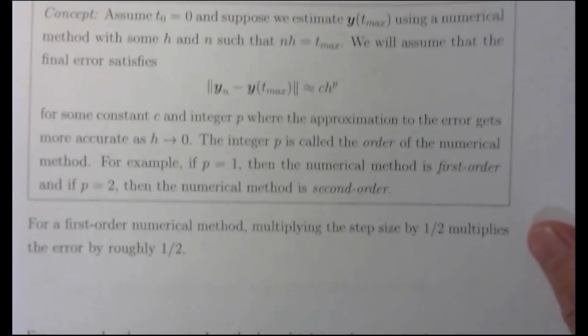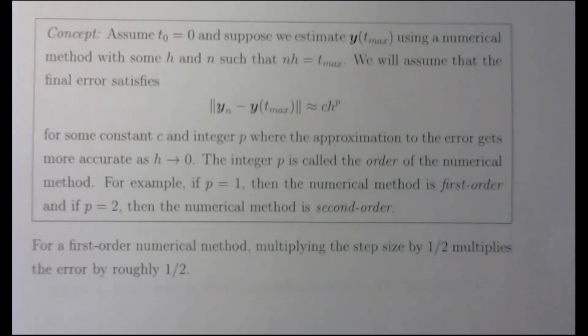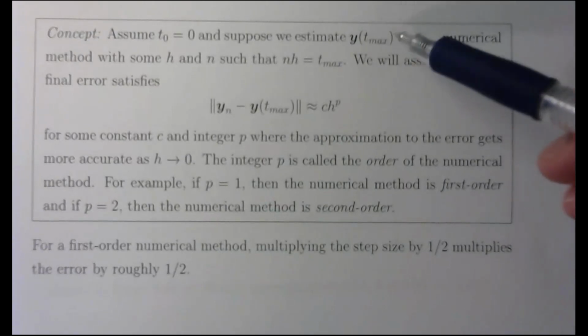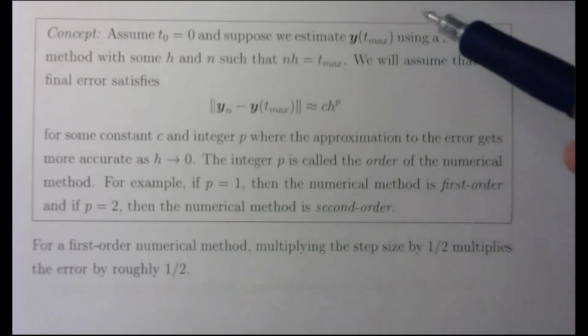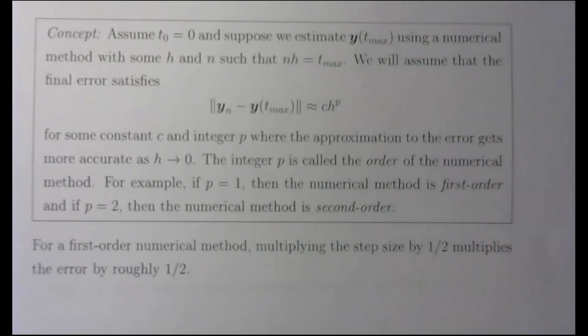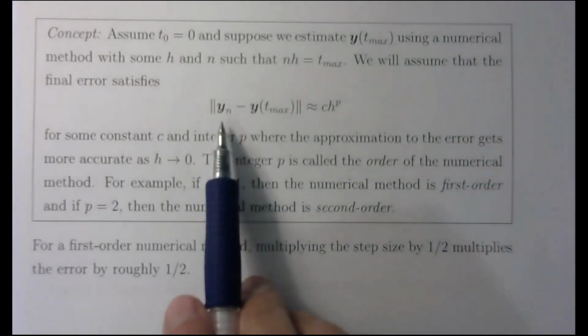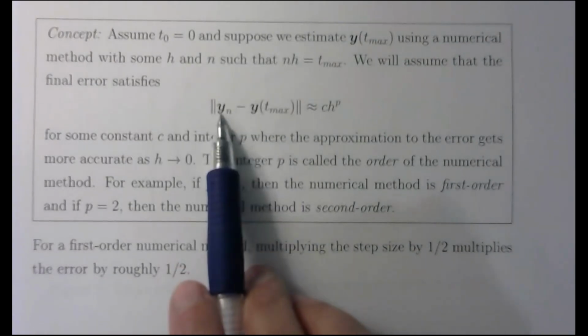Here is the concept. I start at some time, say 0, and I want to estimate the state at some time, call it Tmax, using a numerical method. Tmax is the product of the number of time steps times the size of the time steps. The final error should look like the norm of the true function value minus the nth step.